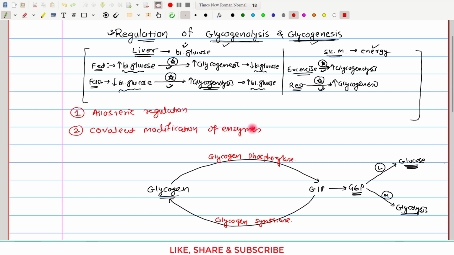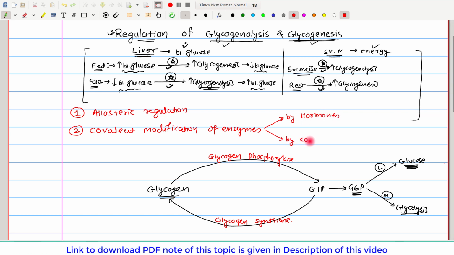Now covalent modification of enzymes can be carried out by two different molecules. It may be by hormones or it may be by calcium ion. In case of hormones, we have to discuss three very important hormones. One is glucagon, second one is epinephrine and third one is insulin.